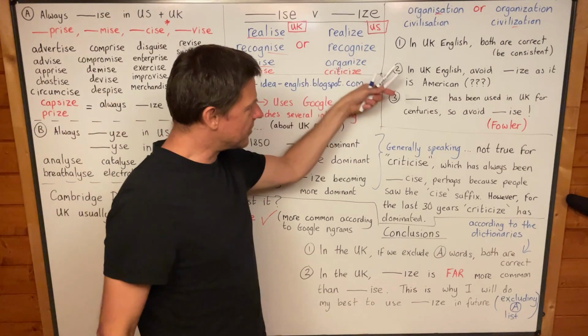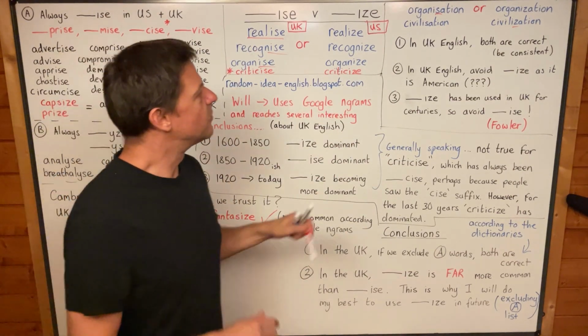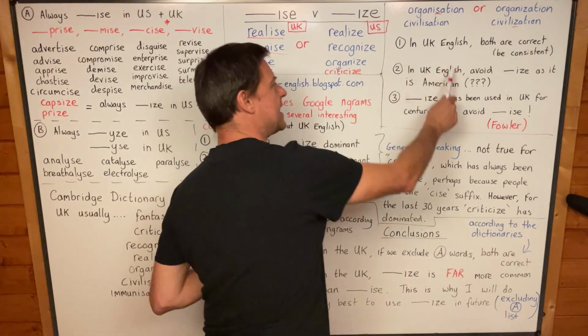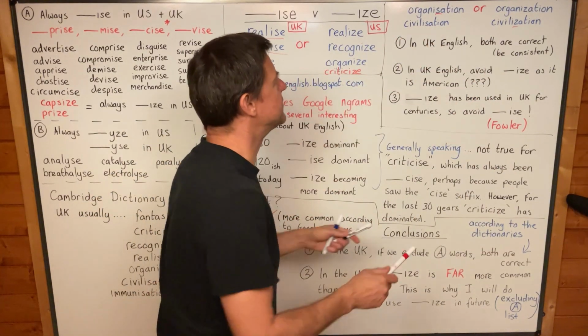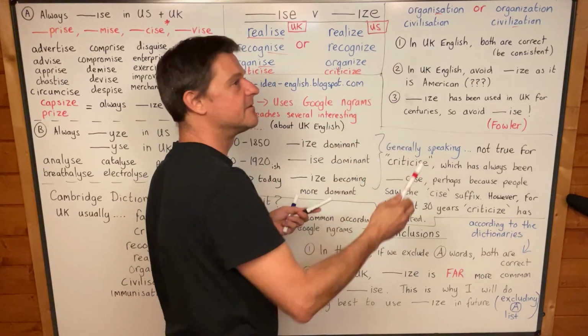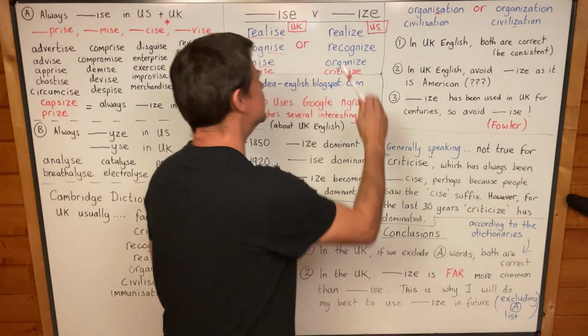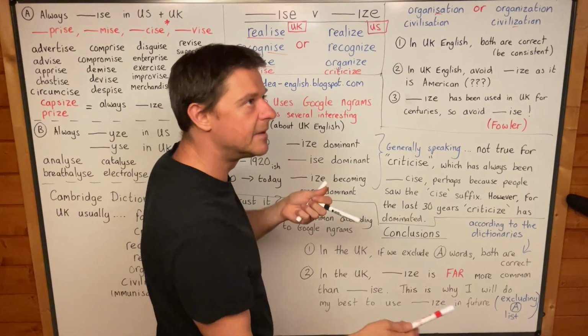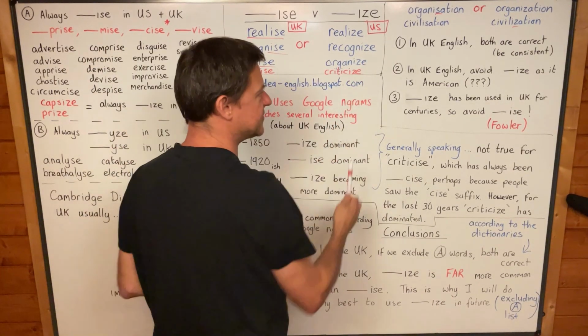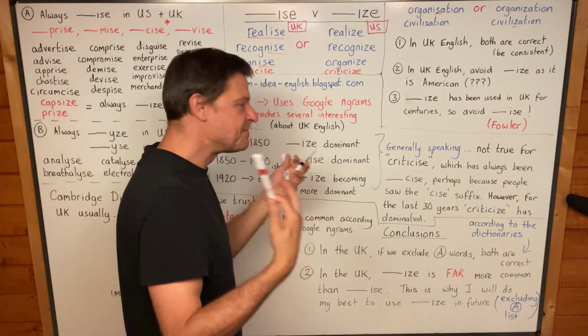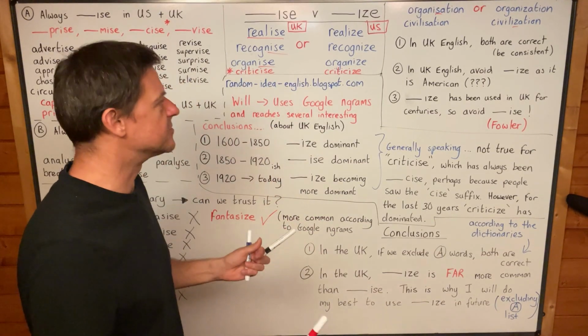But it really isn't that simple, actually. There are 3 possible positions we might take. We might say that in UK English both are correct, but be consistent. With these kinds of words, if you're always using IZE, well then do it for all of them and don't go into ISE for some. Don't write realise and then recognize, one with an S and one with a Z. Try to be consistent. Personally, I find that very difficult.